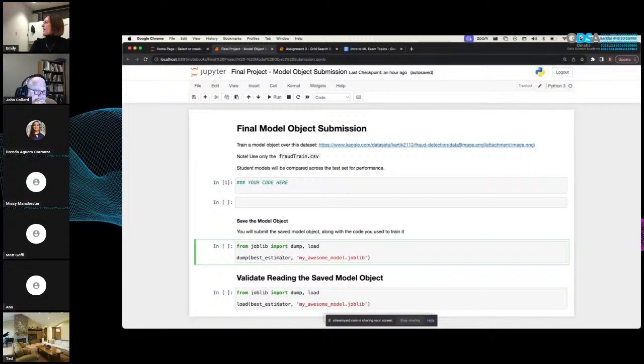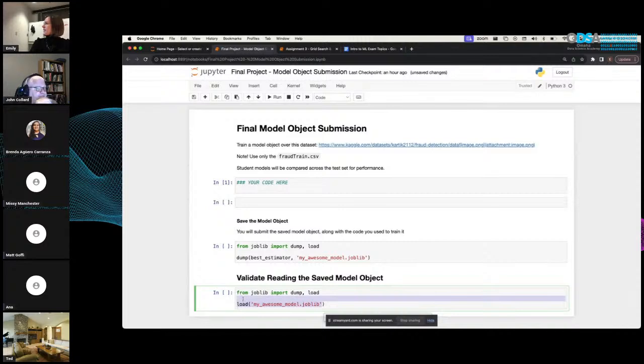And then I believe you're going to want to validate that this runs, and you'll just call load, and then you'll pass in that file, and it should be in the same directory. You're just going to validate that it loads in. That way I don't have to run all of your notebooks to create each and every file. You're just handing me 2 things.